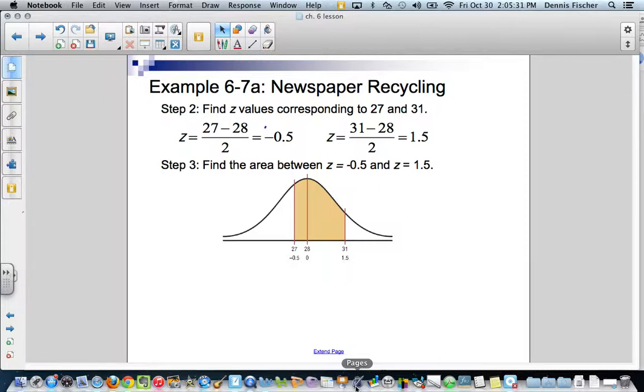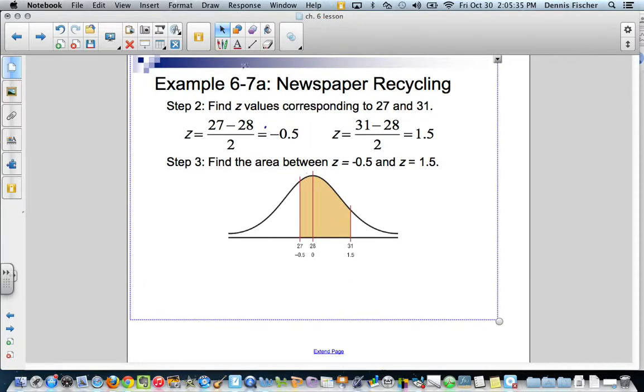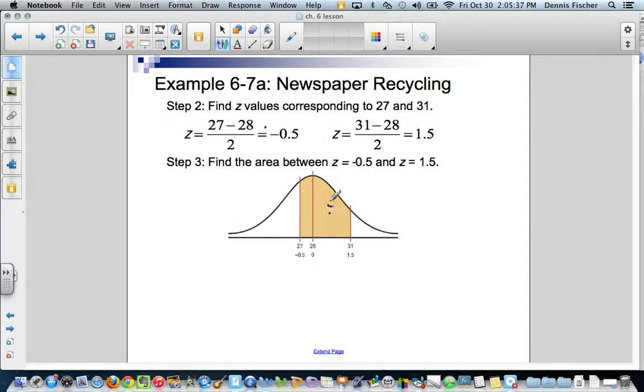Here's 0.4332, I believe I said. Now the other one is negative 0.5, so it's going to be 0.50, correct? So I got 0.1915. So I got those two.